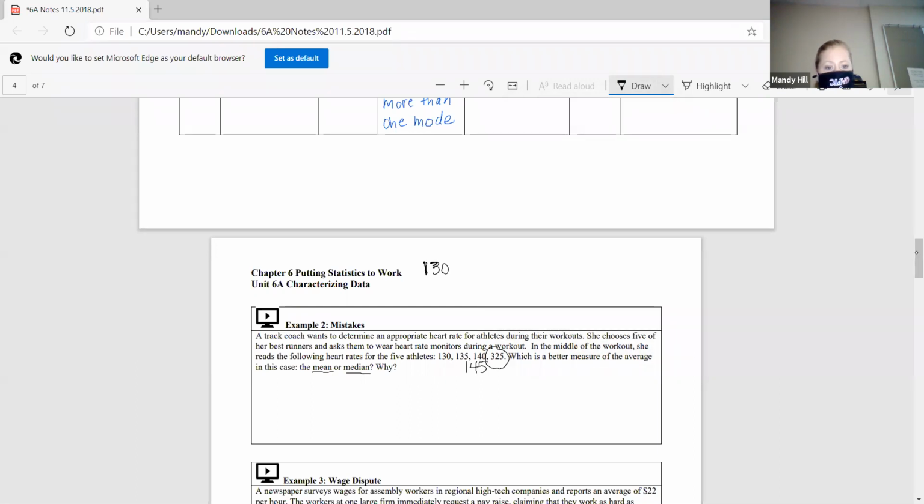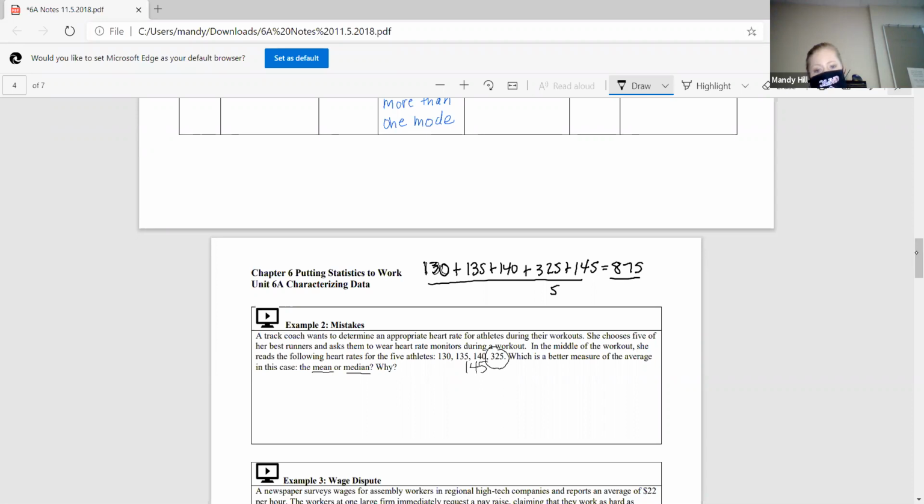So we got 130 plus 135 plus 140 plus 325 plus the one that was missing, which was 145, and that would be divided by 5. So that's 875.